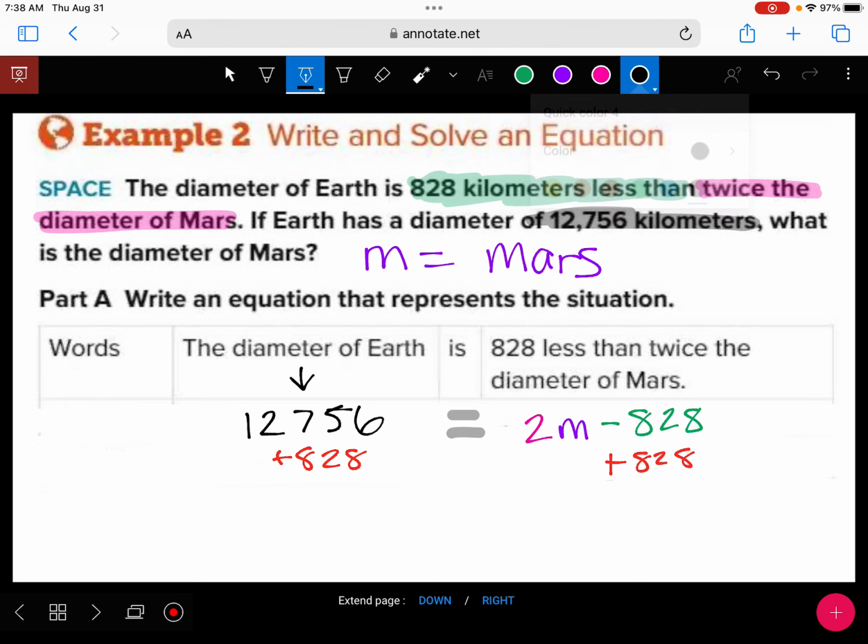And we're going to get that 2m equals 13,584. Use a calculator, y'all. It's all good. No shame in that calculator game. How do I get m by itself? Divide. By what? 2.